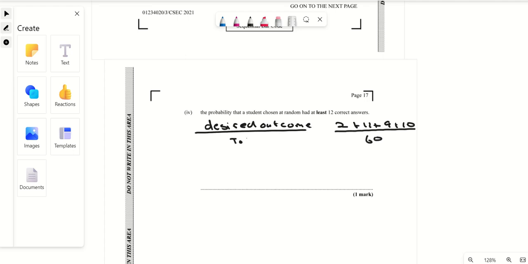That's a probability, right? 2 plus 11 plus 9 plus 10 is 32 divided by 60. 32 divided by 60 is 8 over 15. So my probability would be 8 over 15, and that is how you would answer this question.